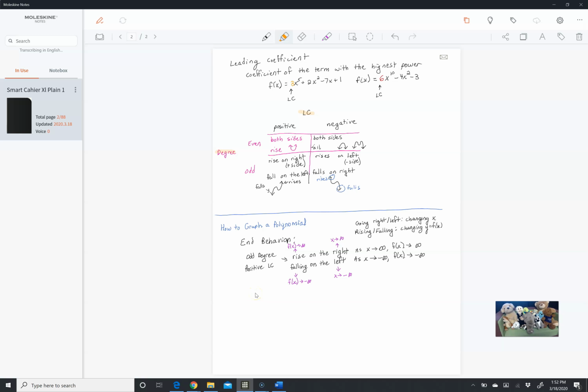So we could have an even degree and a positive leading coefficient. And for an even degree and a positive leading coefficient, we know that both sides rise.